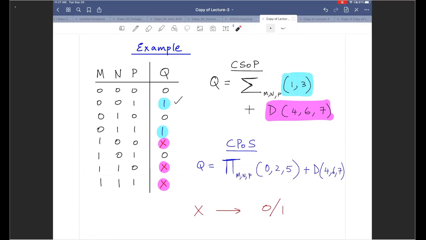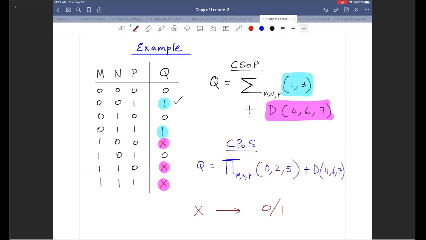Is the don't care term D, 4, 6, 7 inside the summation? Yes. So as opposed to how you literally write mathematical forms, this is slightly different.